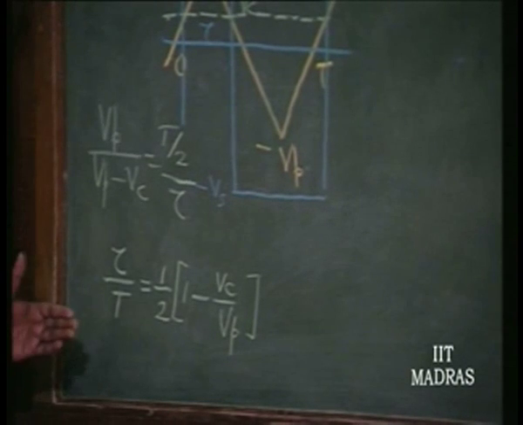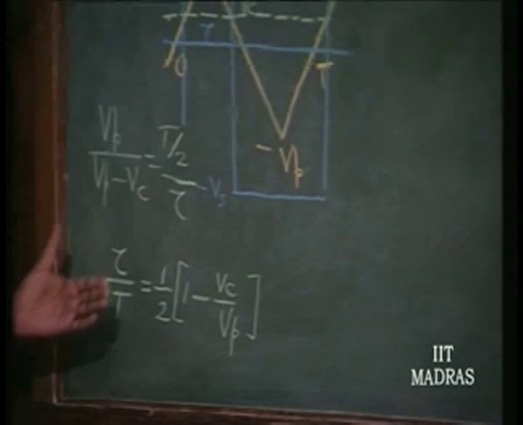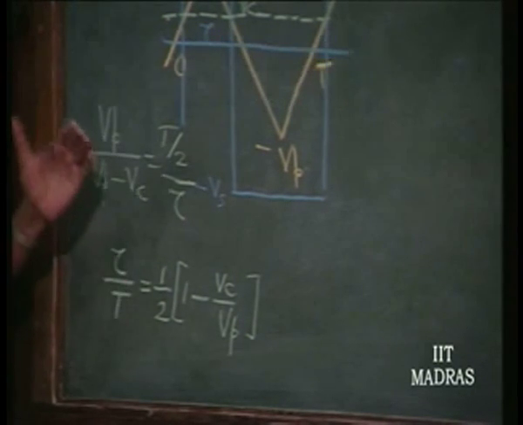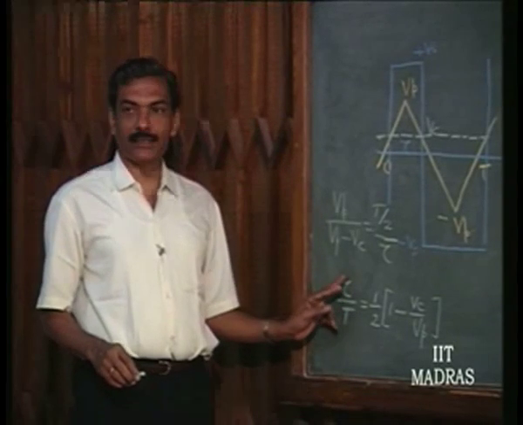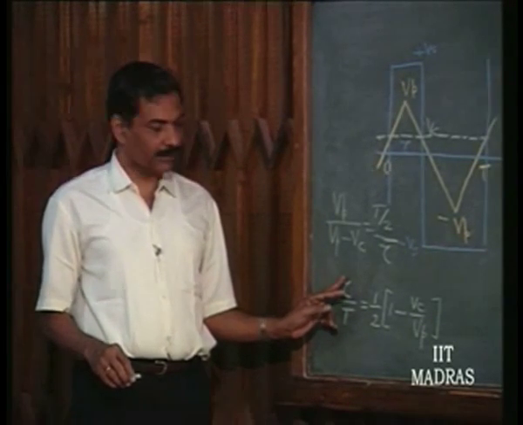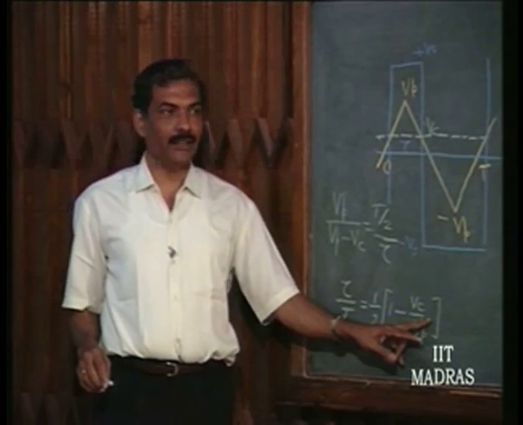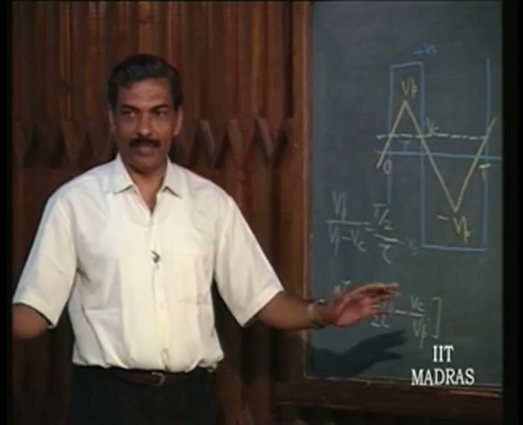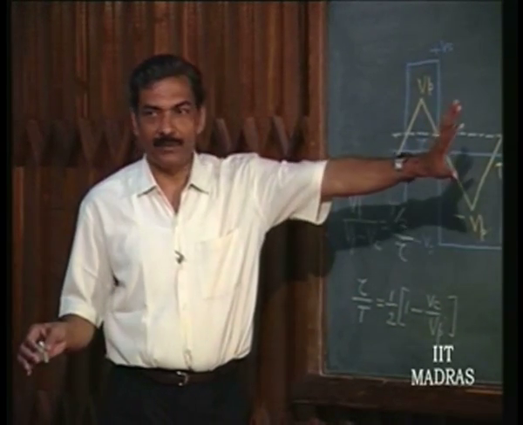So, you can see a very simple idea for modulation, using a simple comparator, that the duty cycle of this circuit is directly proportional to the control voltage. If this control voltage is, let us say, audio, I am just discussing a situation of a pulse width modulator, not relevant to this.